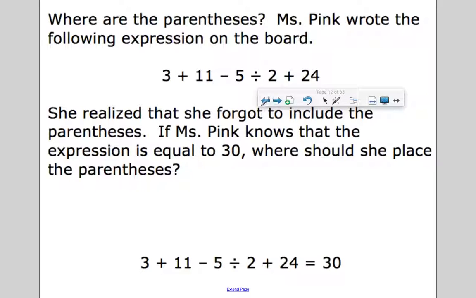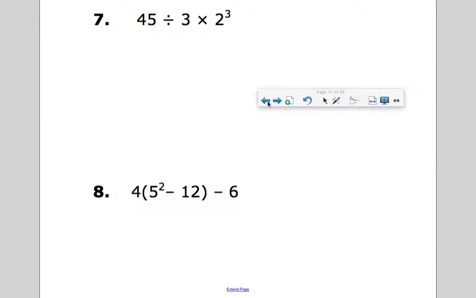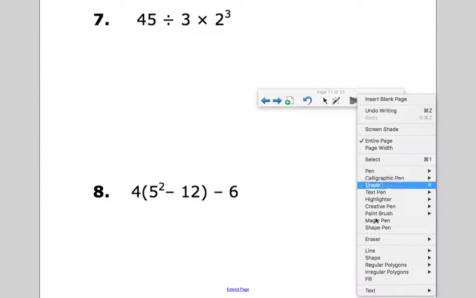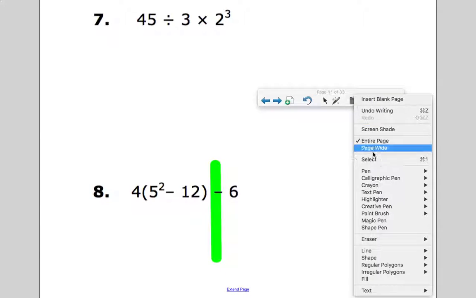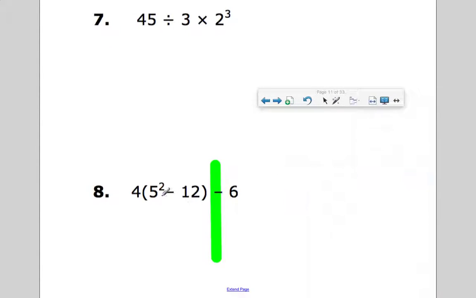And let's practice, we're going to do this one last question. So let's get the highlighter. So the left term is 4 groups of what?